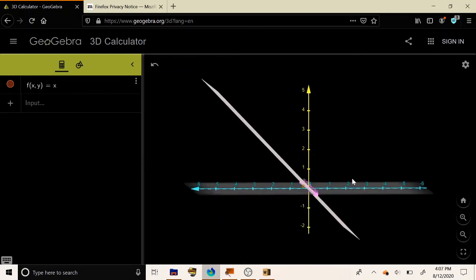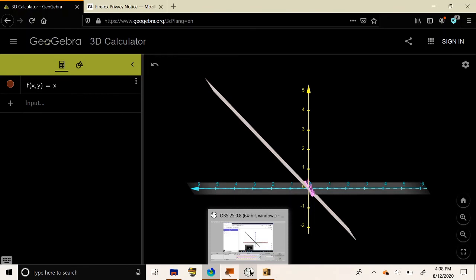Now let's have a look at this graph from -2 to 2. The graph is completely symmetrical. It's doing exactly the same thing in the negative x direction that it's doing in the positive x direction, except in the negative x direction it's below the xy plane, and in the positive x direction it's above the xy plane. So let's go back to the notes.